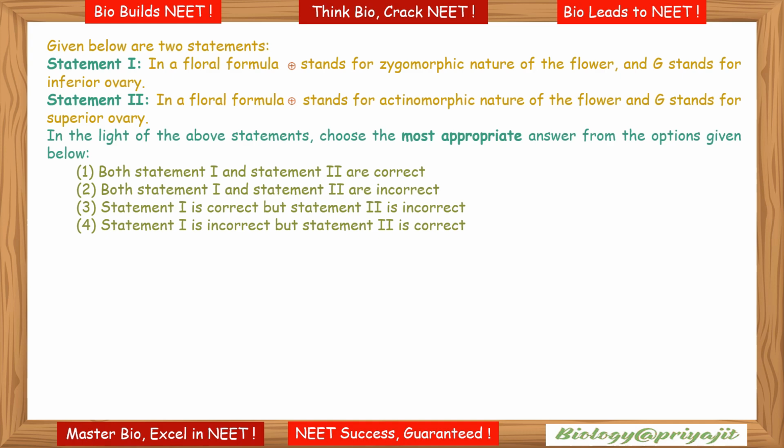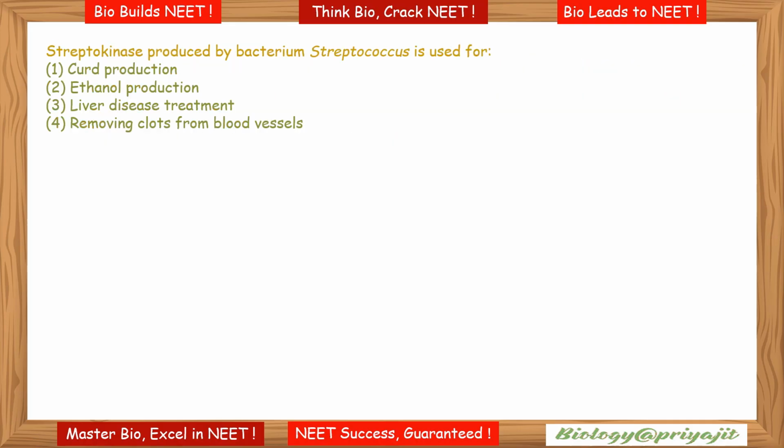Statement 1 is incorrect but statement 2 is correct, because this symbol stands for actinomorphic flower and not zygomorphic nature of flower, and G is superior ovary. This is understood. So option 4 is the correct answer.